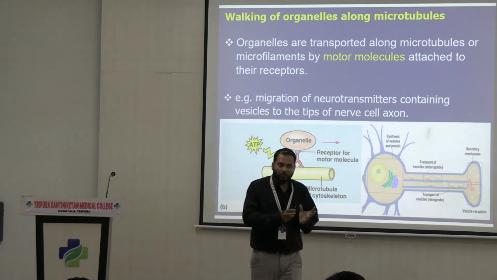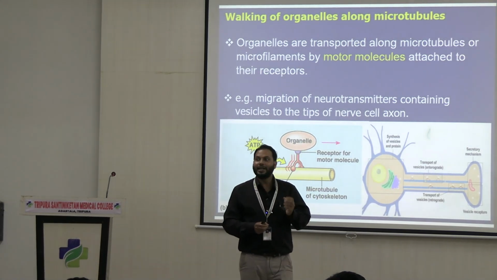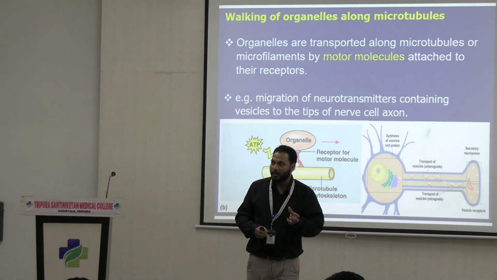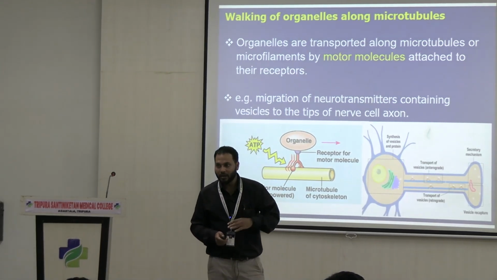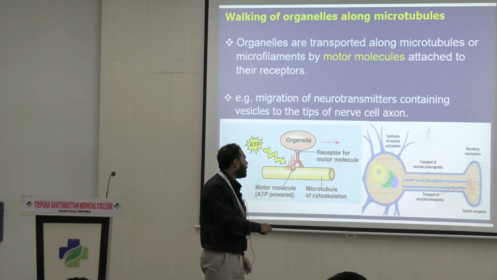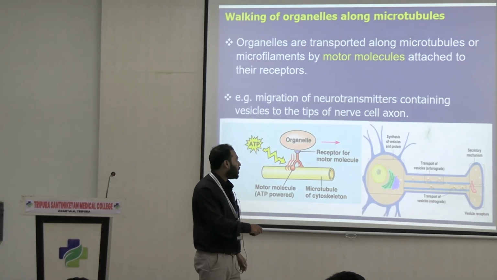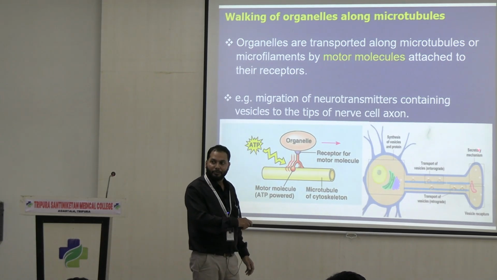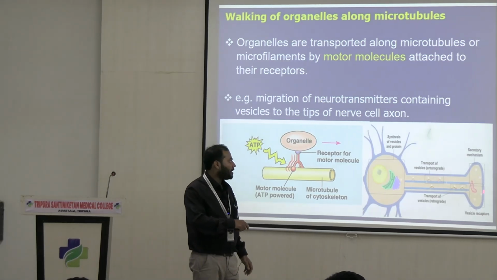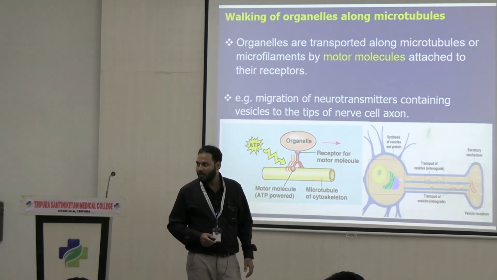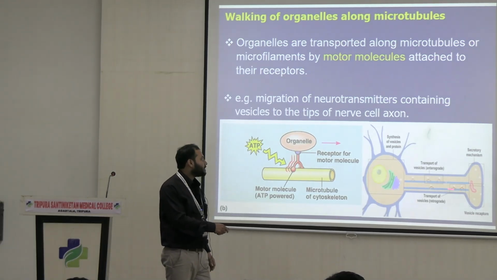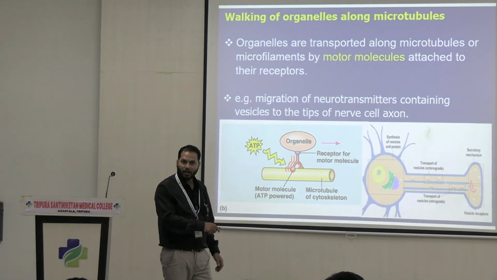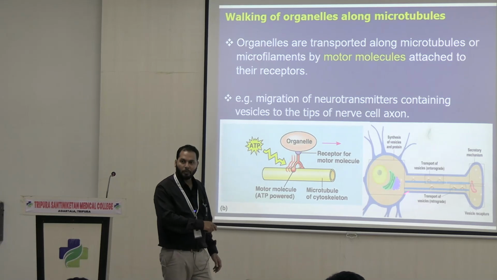Here the cell body indicates the center part of the cell, and the axonal terminal is the peripheral area. So this is anterograde transport, where synaptic vesicles move from the cell body towards the axon terminal. And in another way, you can see a vesicle that moves towards the opposite end.